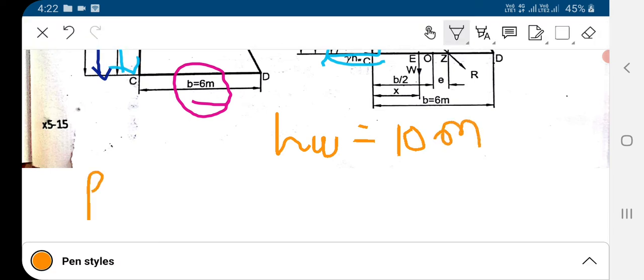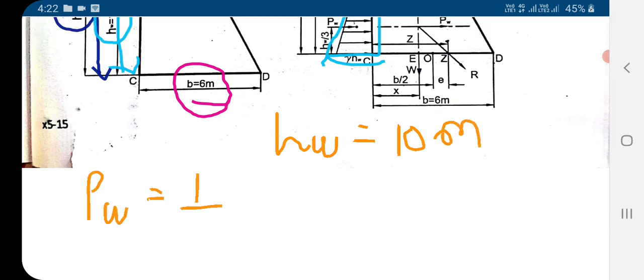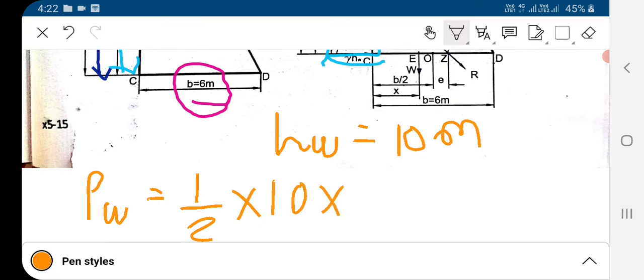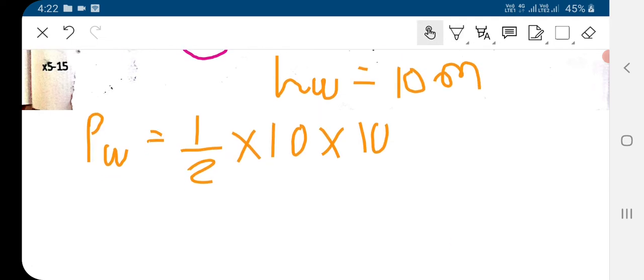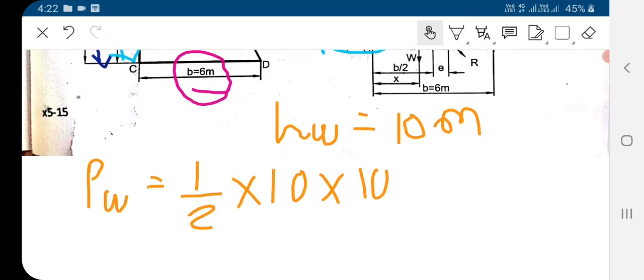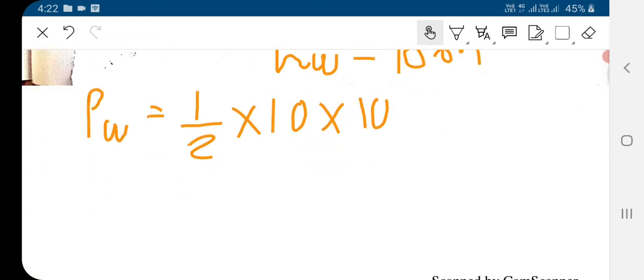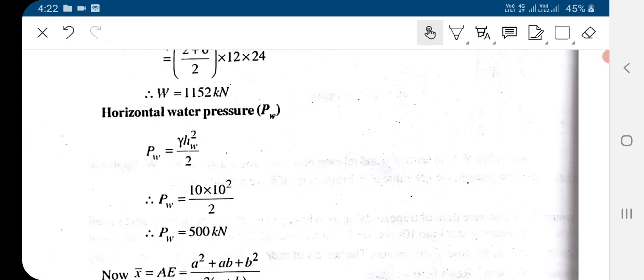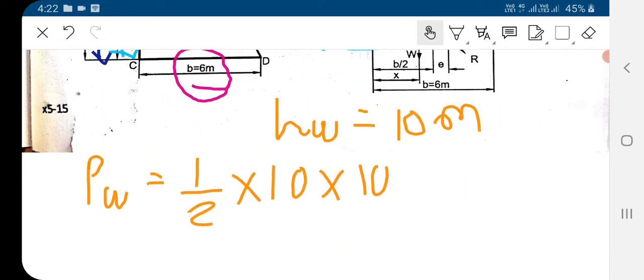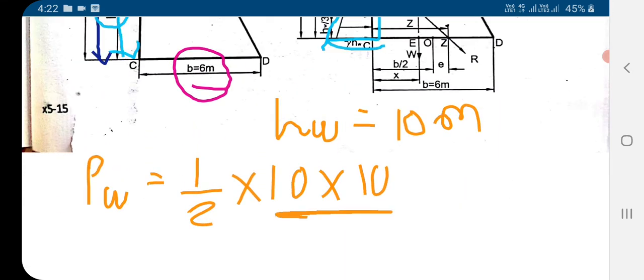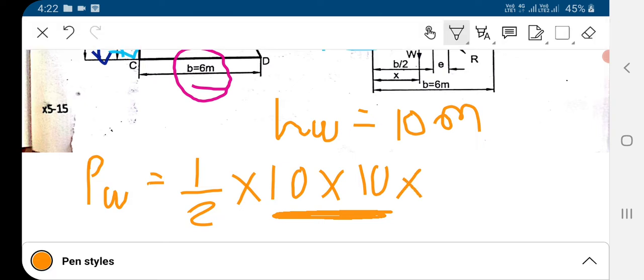So the PW will become 1 by 2, gamma is 10 into HW, that is 10. And the height, it will become base, that is gamma HW, and the height, that is again 10.